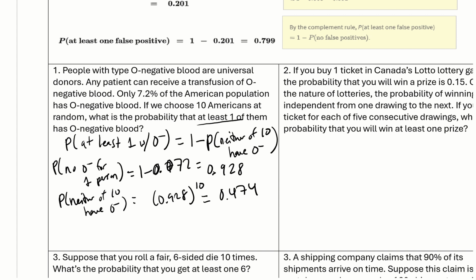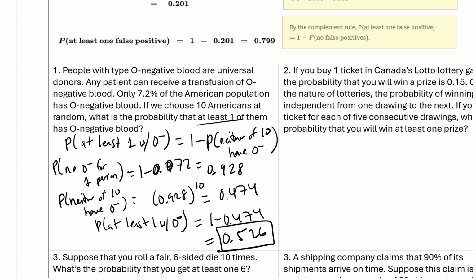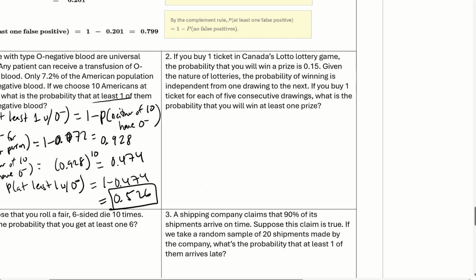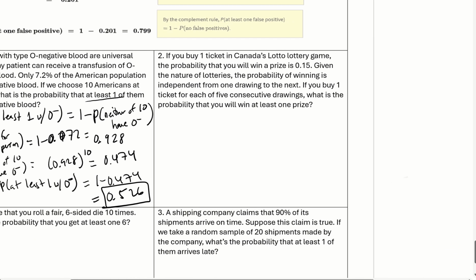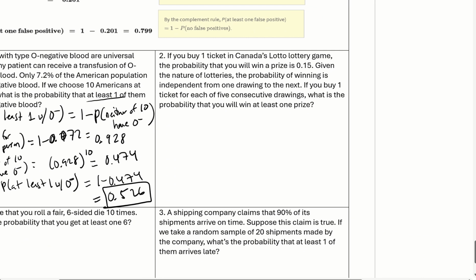And then now we can go to this answer, which is the probability at least one with O negative. Is 1 minus 0.474, which is 0.526. So it's around there.